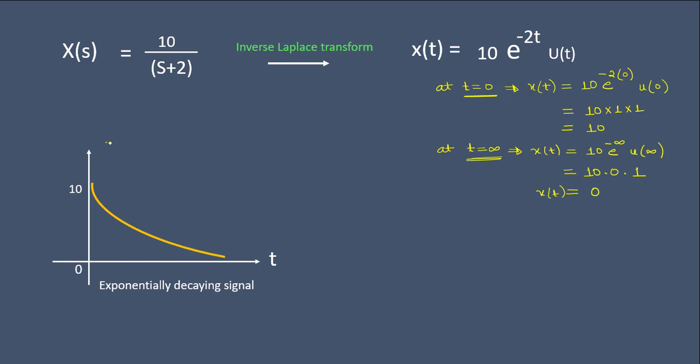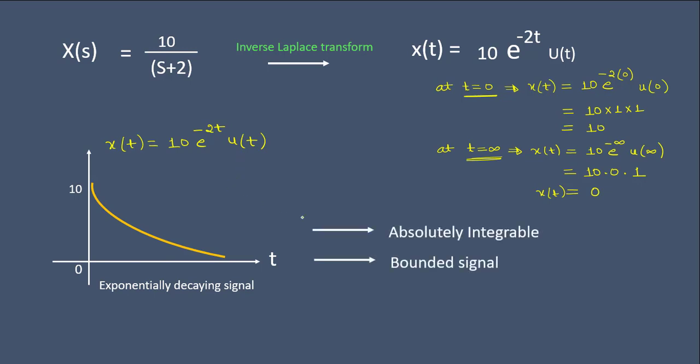So this is the plot of x of t is equal to 10 e raised to minus 2t u of t. So 10 e raised to minus 2t u of t is absolutely integrable. This signal, you can integrate it from t is equal to 0 to t is equal to infinity.